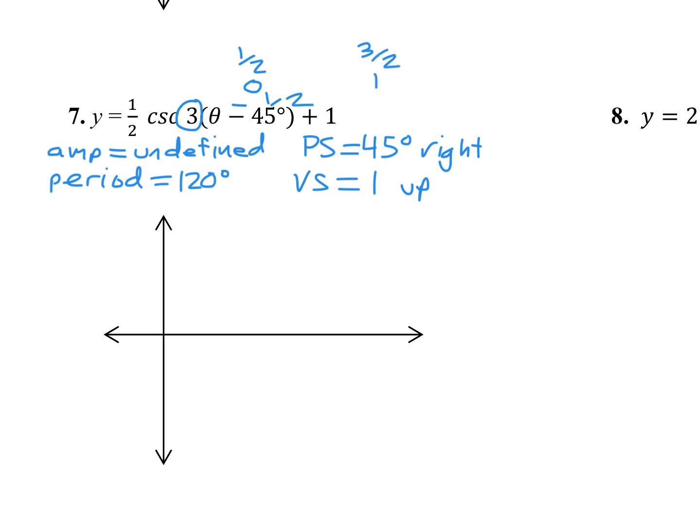Middle level is 1, and then our bottom level is 1/2. On the x-axis, we want 120 degrees. We cut that in 4.